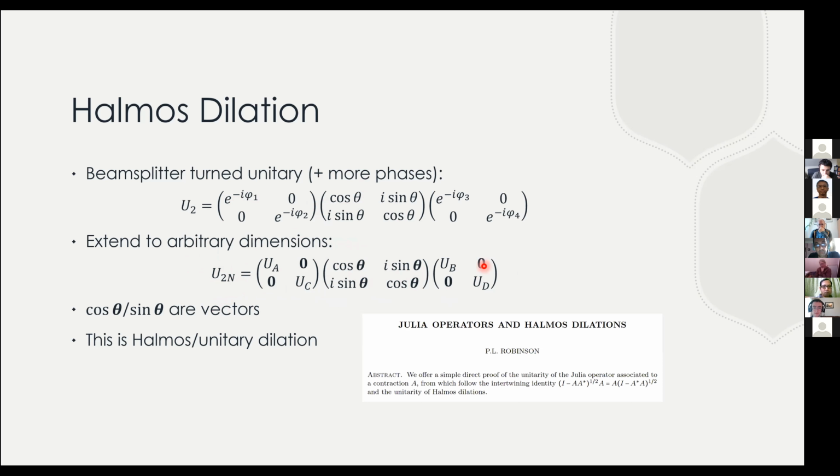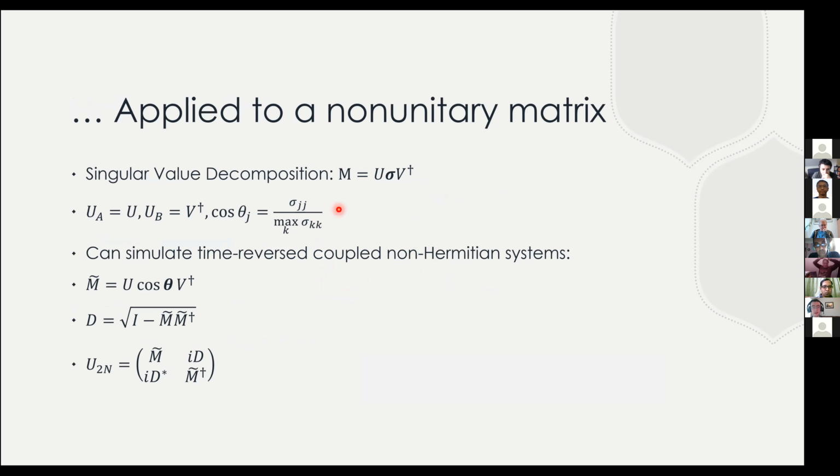This is, in itself, maybe not very obvious what it's useful for, except that you now have a big unitary transformation. But to get around this, we want to implement some non-unitary matrix transformation M, and we consider this as a singular value decomposition, but as a normalized singular value decomposition.